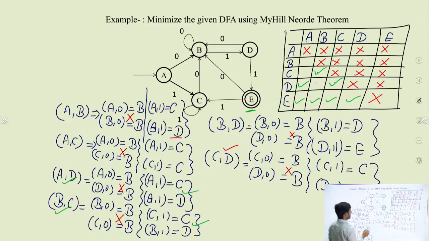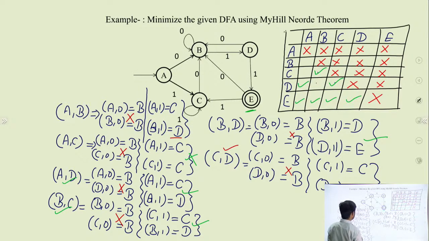Now see DE, it is marked. AC: A on 1 goes to C, C on 1 goes to C. This is not marked.